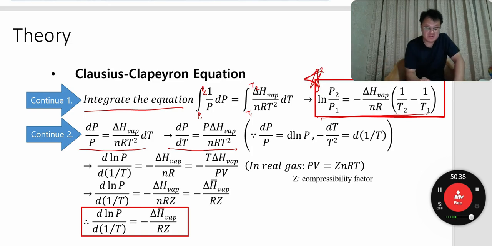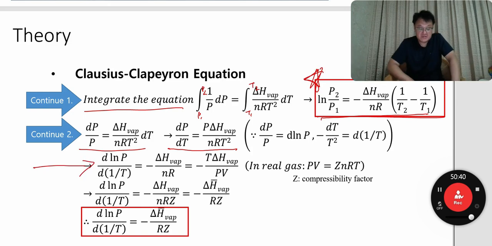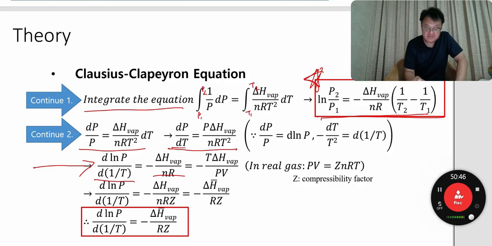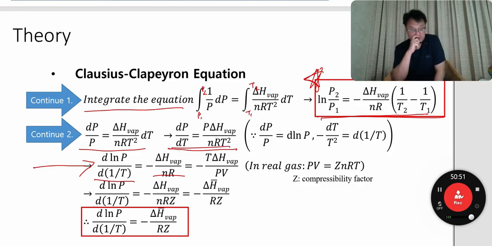So it can be rewritten like this, okay. This is given like this if we're starting from here, and this is basically the same as this. I mean, this can be converted into this according to the ideal gas equation, okay.